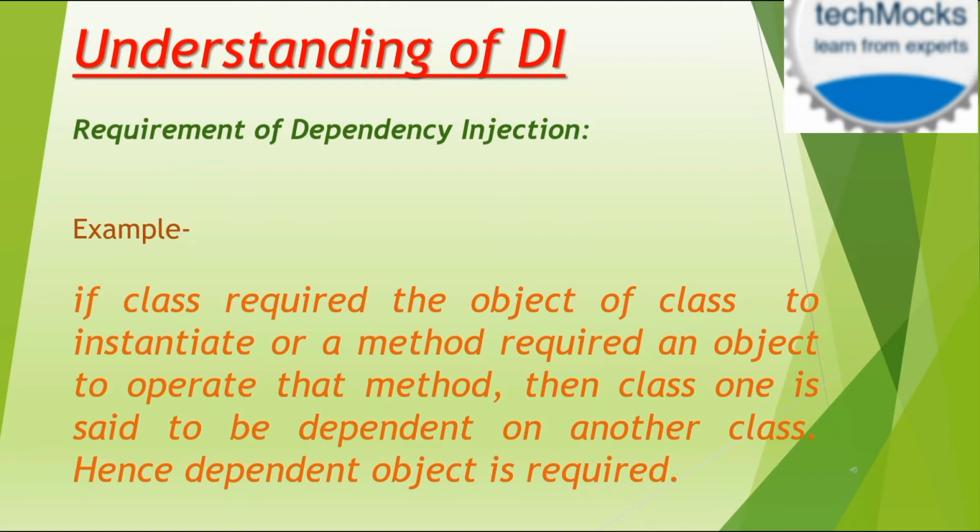In the same way, if a method requires an object whenever it is operated, or whenever you call the method, it requires an object, meaning the method is dependent on an object of the class it belongs to. So we can say that one class is dependent on another class.